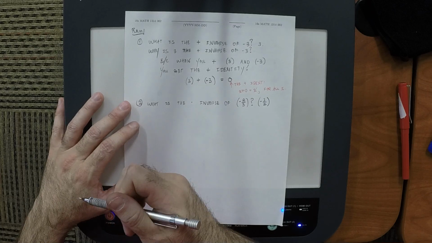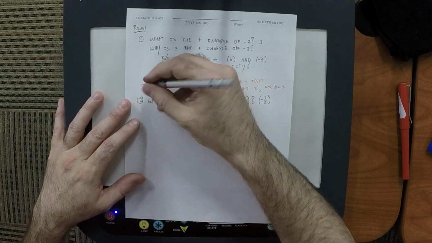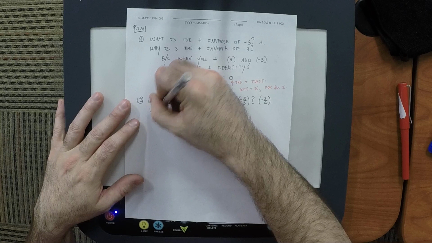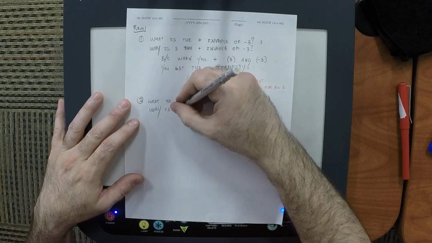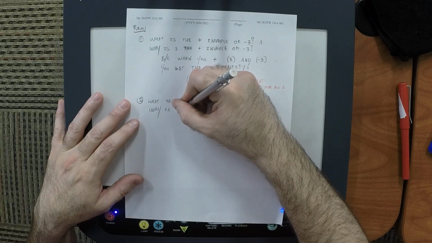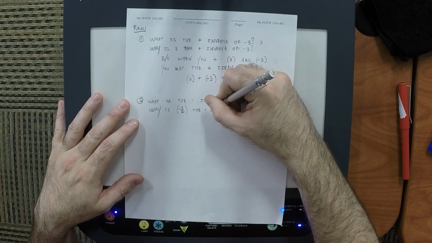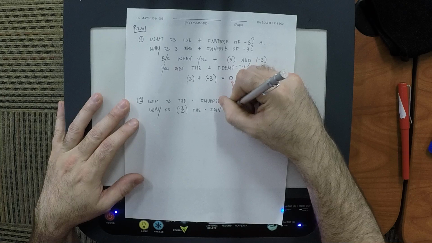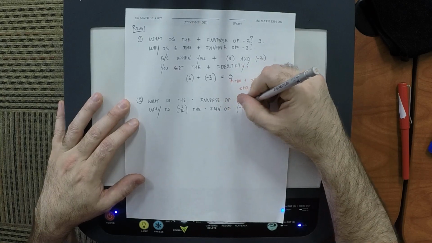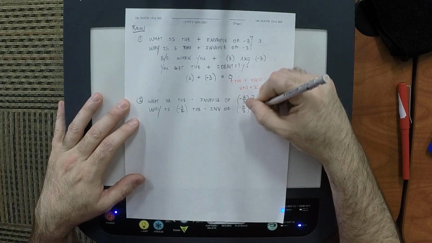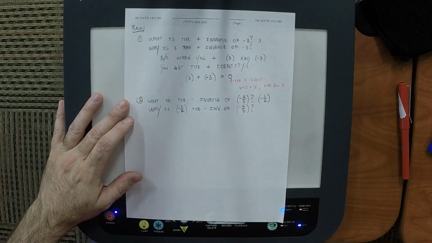But it is usually more difficult for them to respond to the question of why -3/2 is the multiplicative inverse of -2/3.